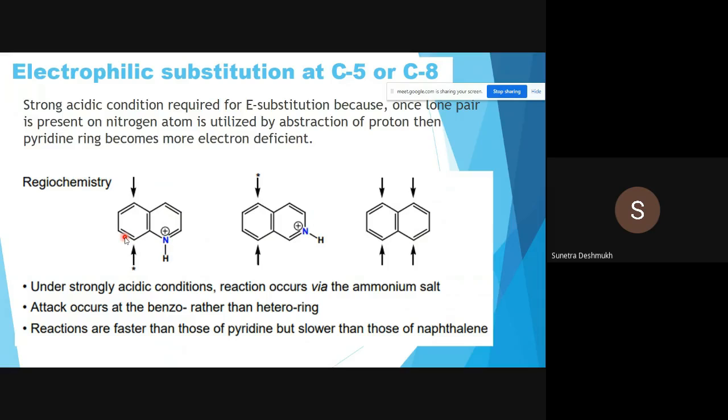That's why we need strong acidic conditions for electrophilic substitution in quinoline as well as isoquinoline. So attack occurs at the benzo rather than the hetero ring. Reactions are faster than those of pyridine but slower than those of naphthalene. So this is the overall scene for electrophilic substitution in the quinoline ring.